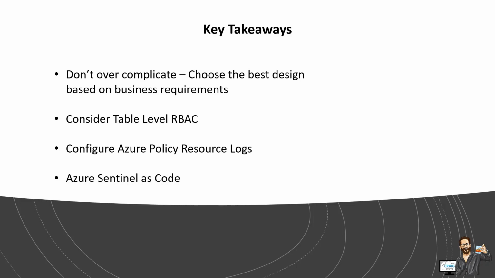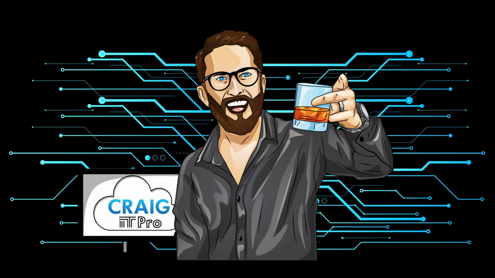If you go back to fine tune an analytic, you want to make sure that same analytic gets pushed to both instances. If it only gets pushed to one, it will get missed in the other. Having that Sentinel as code approach is really where it's going to make you shine with an environment which has those multiple instances.